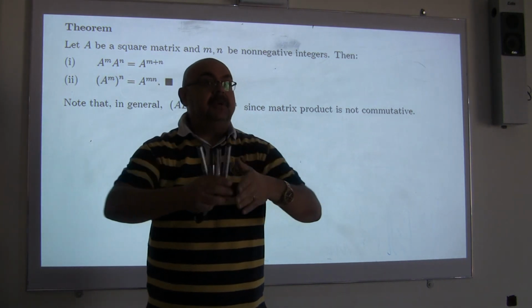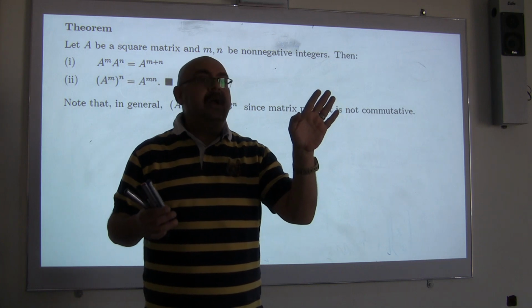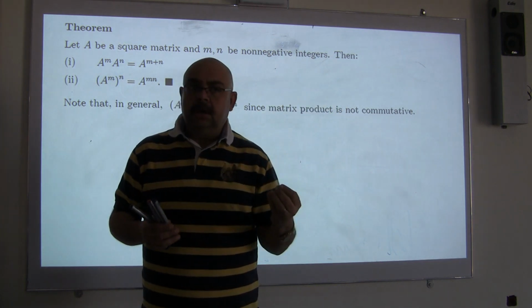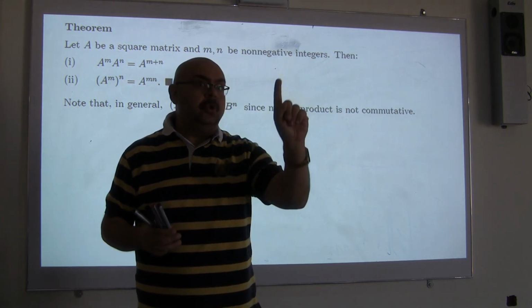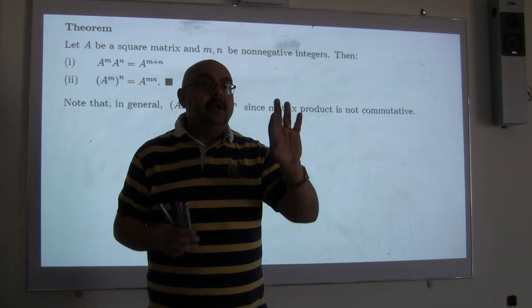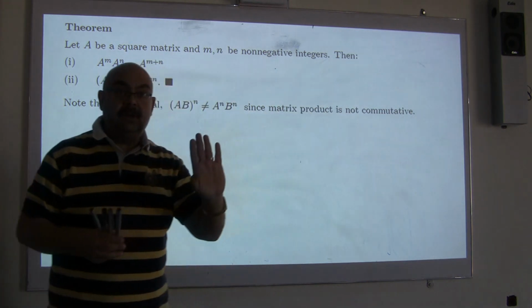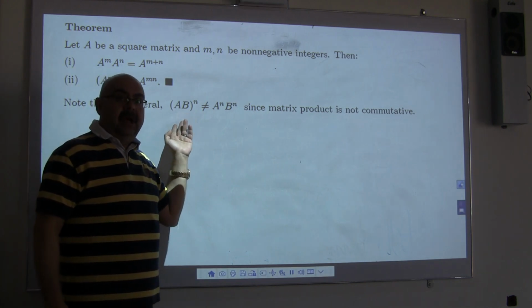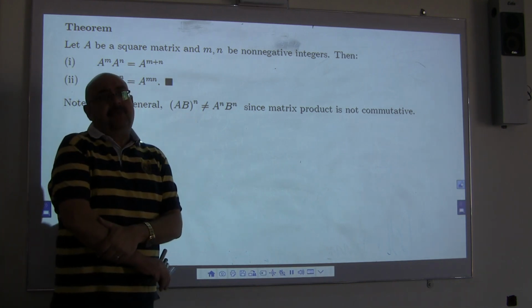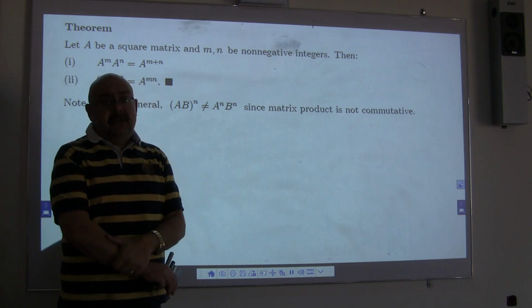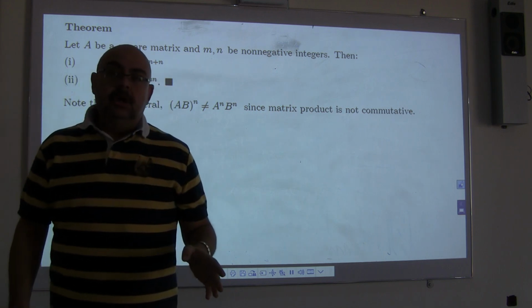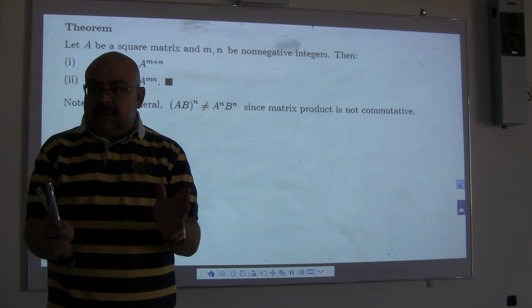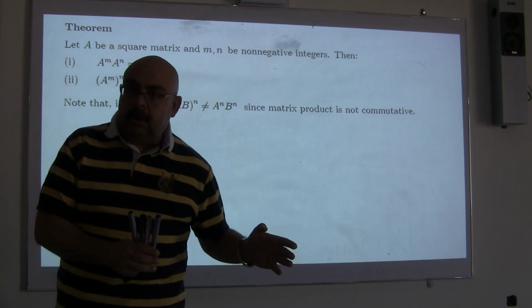Supposed to equal to each other? No, they are not going to be equal. Why? Because multiplication in matrices is not commutative. You can't swap them. So if I get a problem that gives me A times B to the power of 2, with A and B given, I will have to get the multiplication first, then do the power.